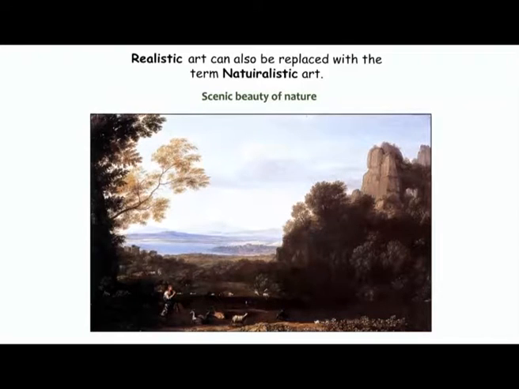In realistic art, you of course have this huge number of paintings coming under the category of scenic beauty of nature, which in other words we call landscape or natural scenes.